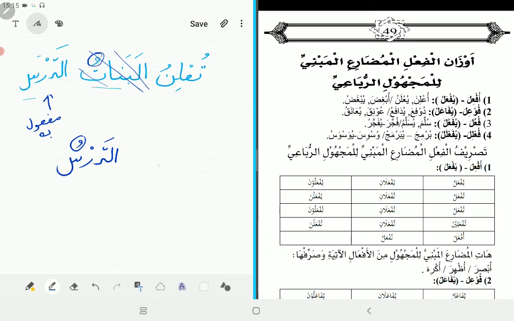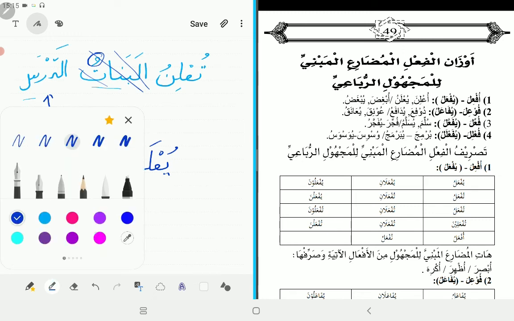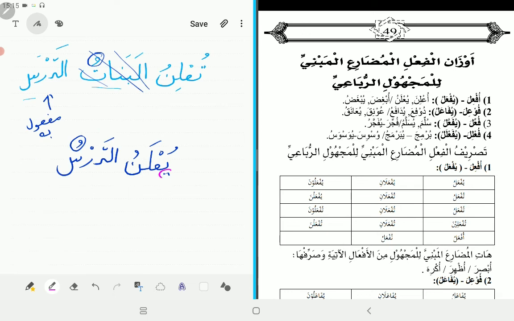What am I going to say here? What is the harakat? What am I going to place on this verb? I'm going to say yu'lanu. Now I've already given it away by putting the dots here. Yu'lanu. Why did I choose to make it a ya when it was originally a ta?